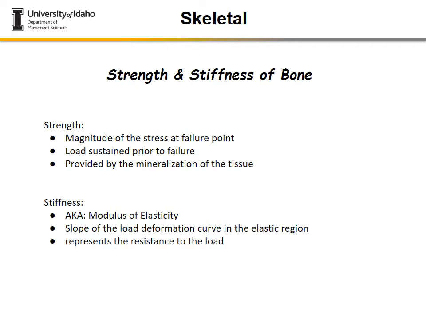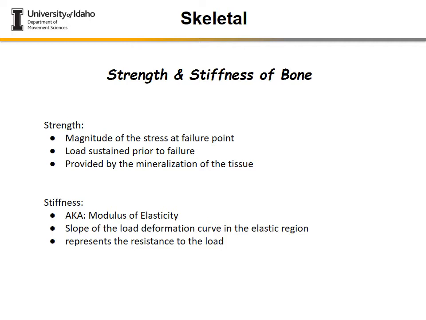This concept of stiffness will come into play as we talk about the stress-strain relationship in another discussion. However, it is important that we talk about it here as well. When the strength of a bone is described, it refers to the magnitude of stress the bone can sustain prior to failure. Failure is rupture or breakage. The stress is measured as a function of the direction and duration of the applied load.